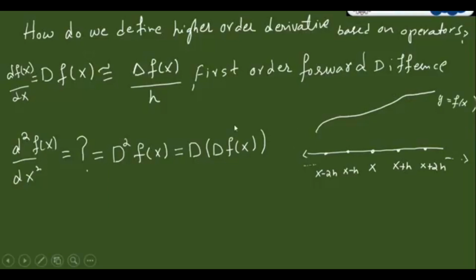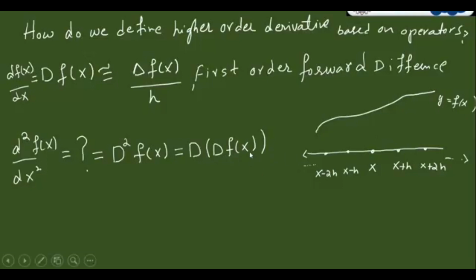What does this equation say? You need to know the first order derivative first, and then you apply the differential operator again, so that you get the difference operator again. So how will we do that? What is the strategy we will use here? Student, it is quite simple and very easy for us.